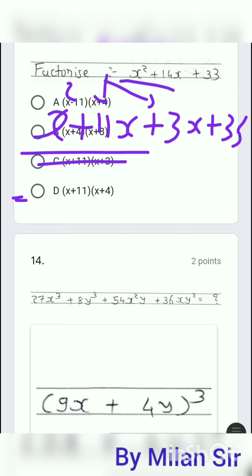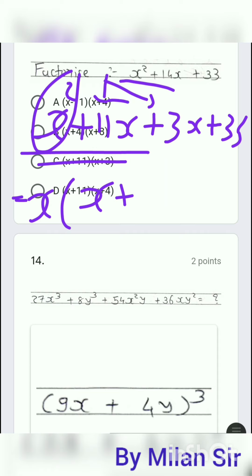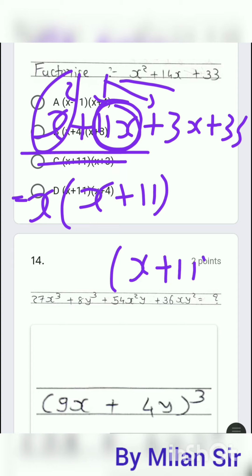Now from here we can take x as common, right? So from x square, 1x is common, so x is remaining, that we need to write in the bracket. Okay, and plus, from the second term x is already common, so only 11 is remaining. Now the same bracket we need to write again, and we need to check our third term. Our third term is plus 3x. Here we have only x, so that 3 we need to write outside the bracket.